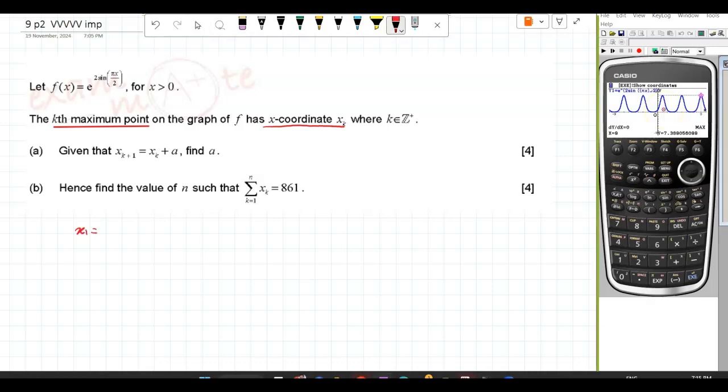On your calculator you'll see x1 is 1, x2 is 5, x3 is 9, you're finding the maximums, correct. So that means this is your common difference. So your a is equal to xk plus 1 minus xk. So a is 5 minus 1, it's a common difference. In simple words, rather than asking common difference, they are finding this. They find A. So A is equal to 4.